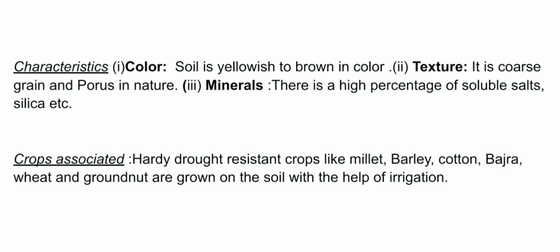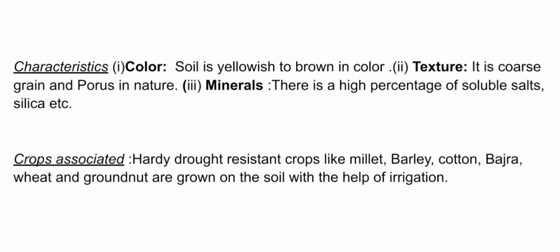Characteristics. Number 1, color. Soil is yellowish to brown in color. Number 2, texture. It is coarse grained and porous in nature. Number 3, minerals. They have a high percentage of soluble salt, silica, etc. Crops associated.